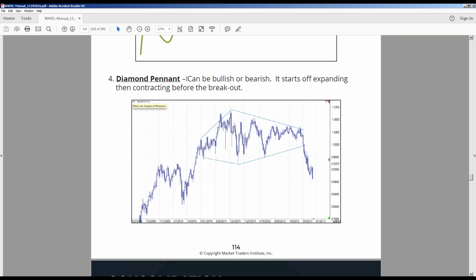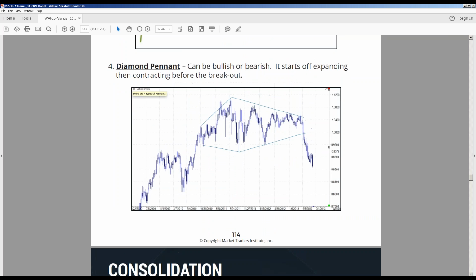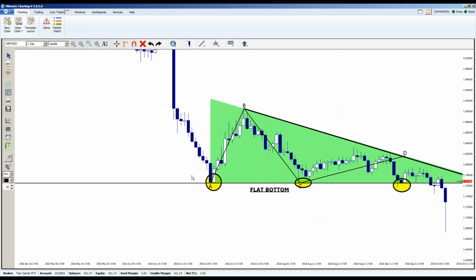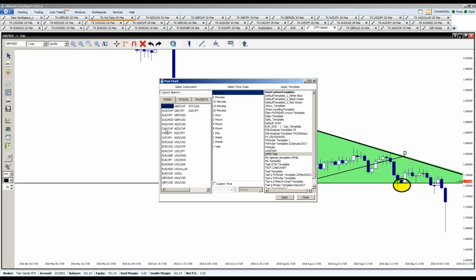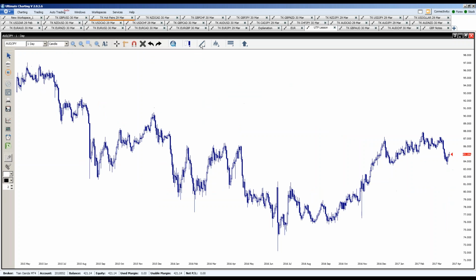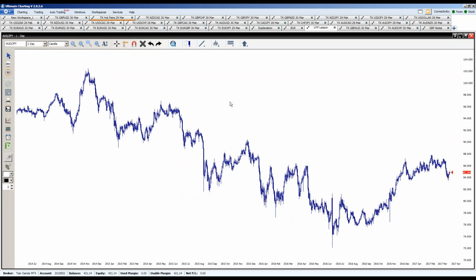Here's a diamond pennant. It starts off expanding and then contracting before we see the breakout. To give you an example, look at that. We can see that the trend was bearish, right? We had a downtrend.